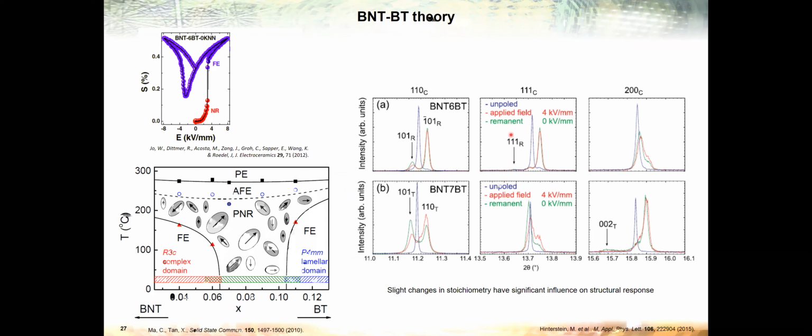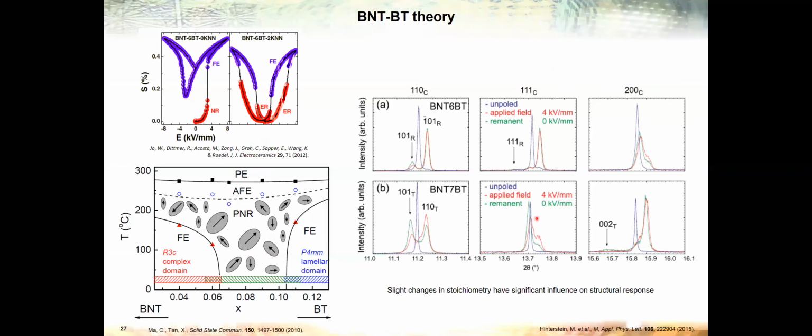In BNT-6PT you have a large rhombohedral splitting and a small tetragonal splitting, and it's the other way around, a small rhombohedral splitting and a large tetragonal splitting, in 7PT. So just a small change in stoichiometry leads to a strong change in response.